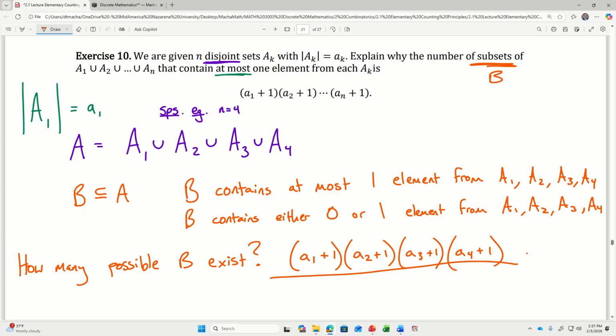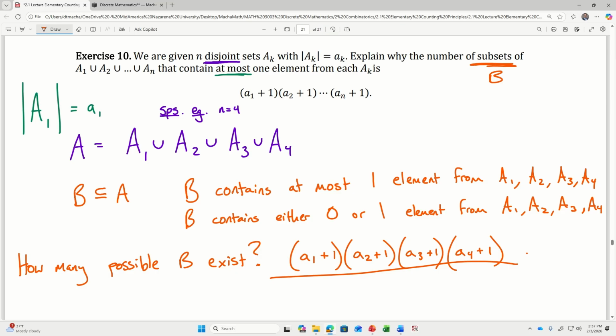I'm trying to figure it out. I think I get it. So from the first A1 set, B either contains one element, which would be the plus one is basically how you include the 0. Because it's either 0, which is where you add 1, or one element, which is the size of little a1. And then if you're looking for each combination, you would multiply them all together. Yep. So that's great.